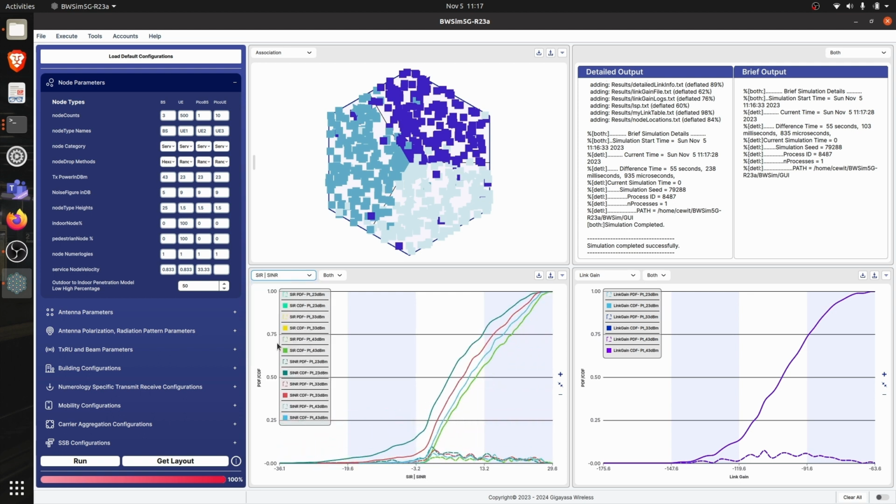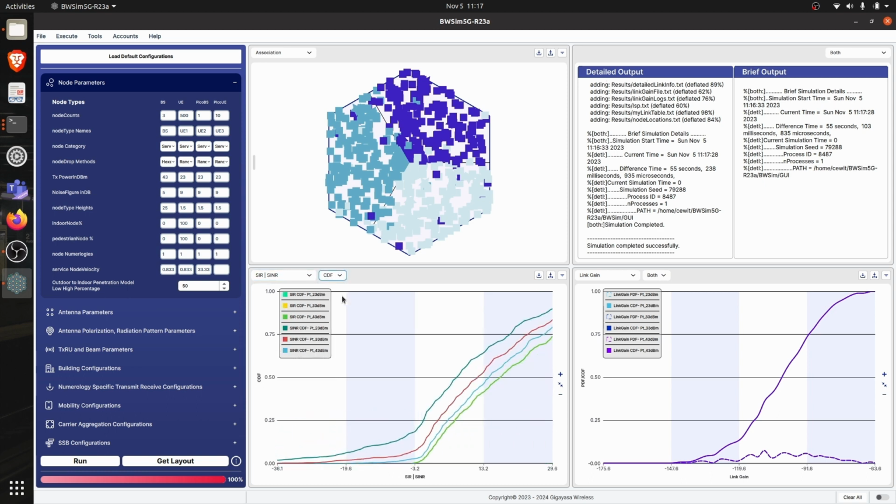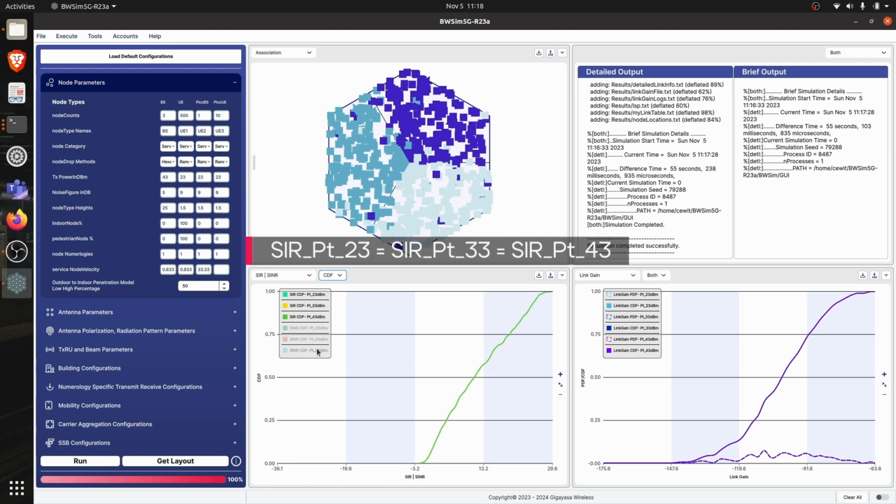Now, we have graphs for a constant ISD for three different transmission powers. We can take a look into this. The SIR remains pretty similar despite the increase in transmission power. Why?